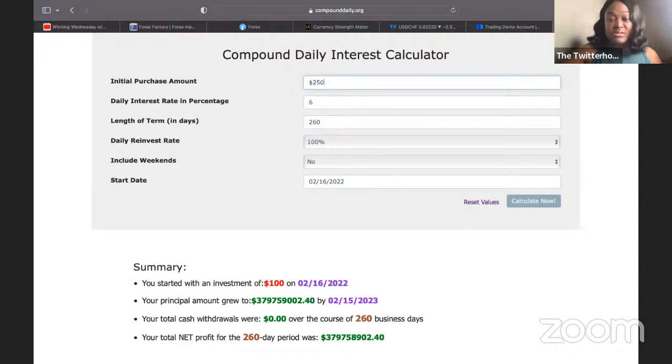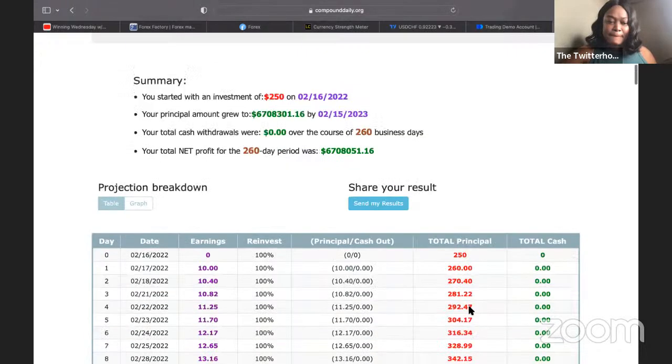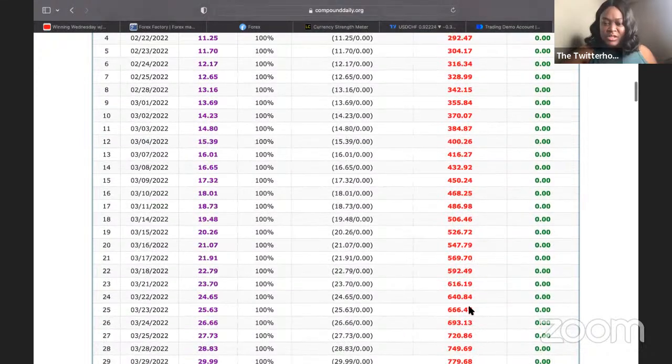Say you wanted to grow $250. A lot of people start their accounts with 250, and I'll reset that to 4%. Let's see. You'd be at $500 by day 18 if you do perfect math.